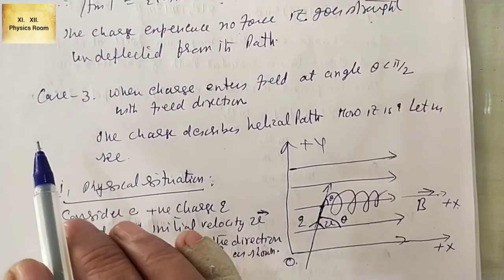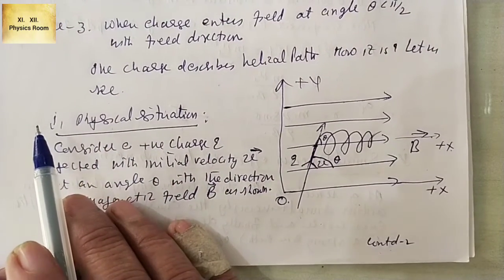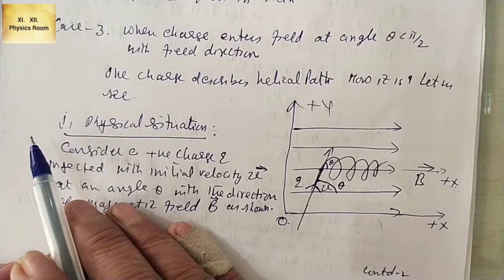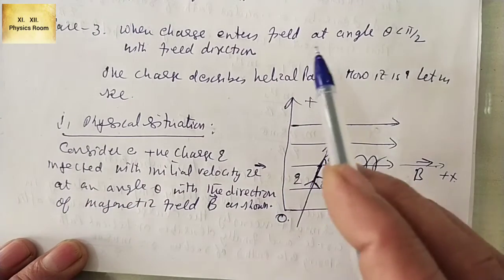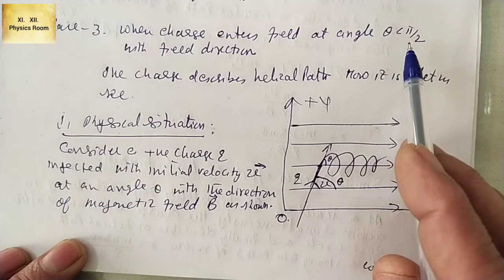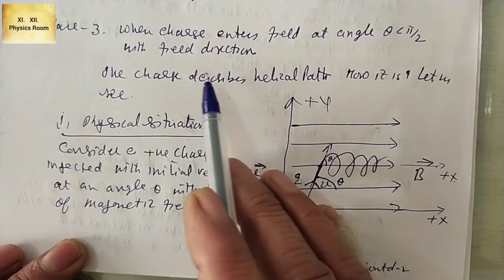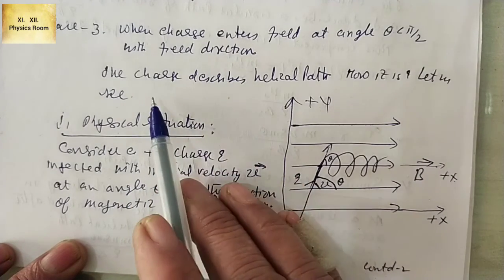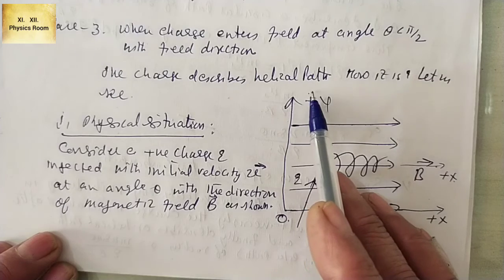Now take up case 3. When a charge enters the field at an angle theta less than pi by 2 with the field direction, the charge describes a helical path.